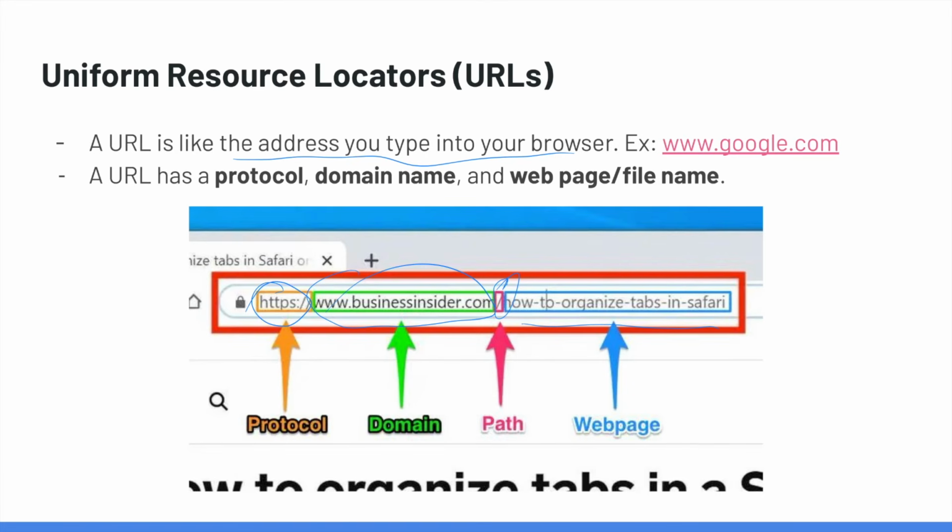Not all URLs may have a web page or a path, but they're all going to have a protocol and a domain. URLs are mainly used to be able to access websites more easily. And when we type in a URL, that's going to be converted into an IP address so that we can actually access whatever website, web server or network on the internet that we want to access.